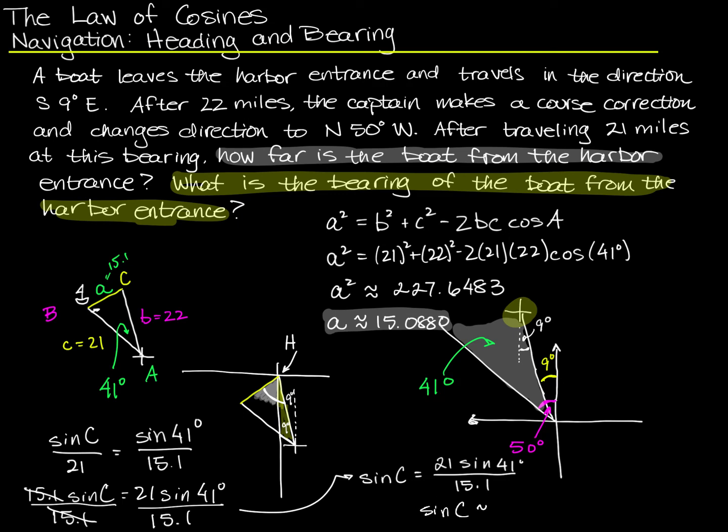I get that the sine of C is approximately equal to 0.9131. It's not that rounded, but that's good enough for me for right now, for record keeping purposes.